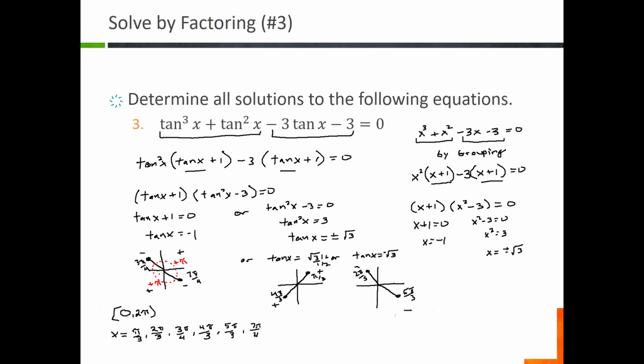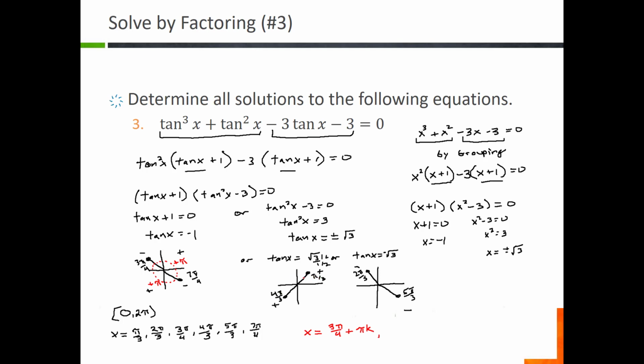So we don't need to list both of these solutions. So we could just say x equals, we only have to list that first one, 3 pi over 4 plus pi k. That's the first one. For tangent, we have pi over 3 and 4 pi over 3.